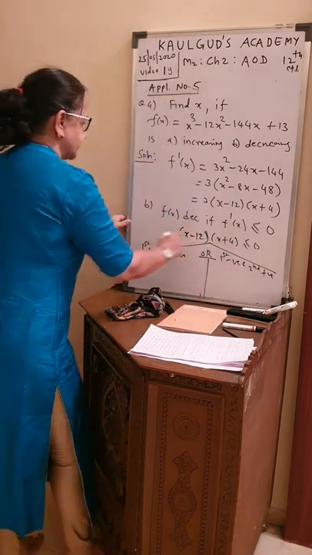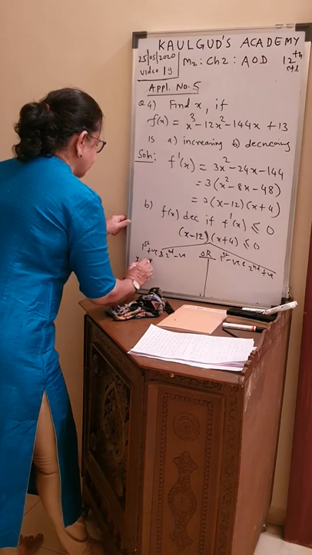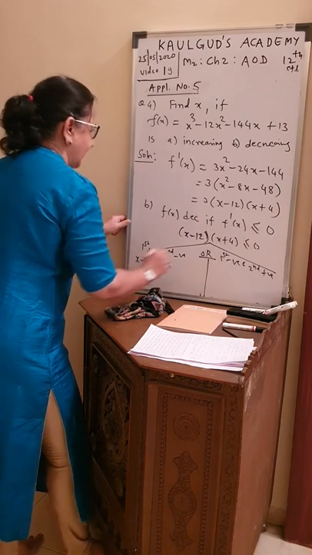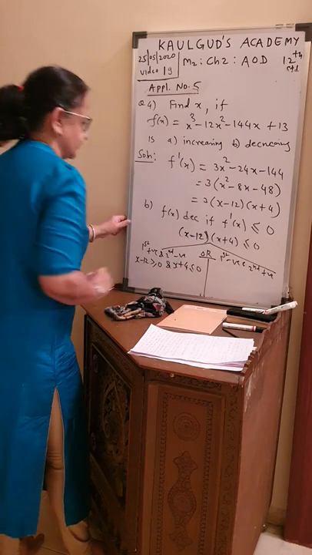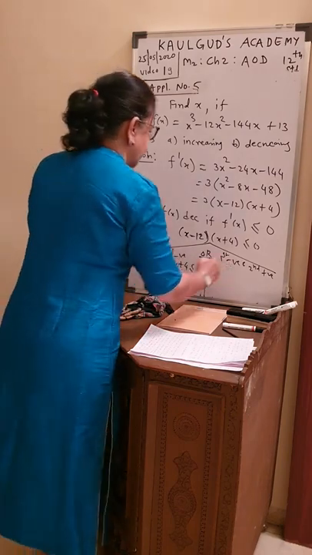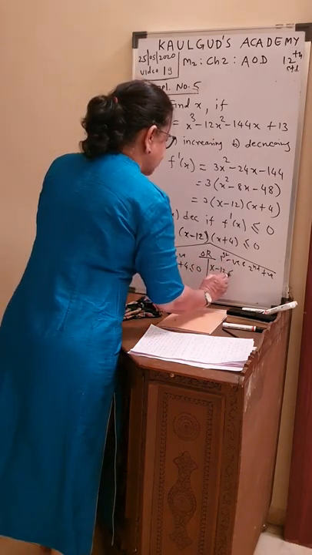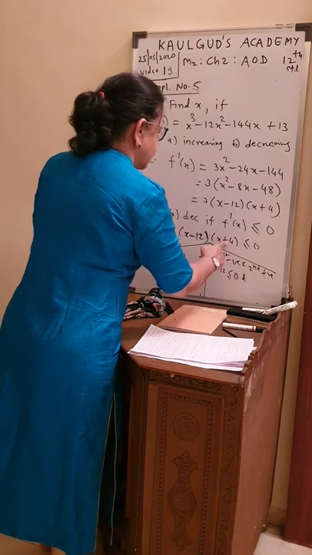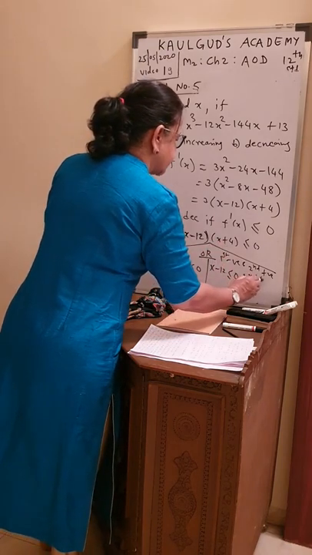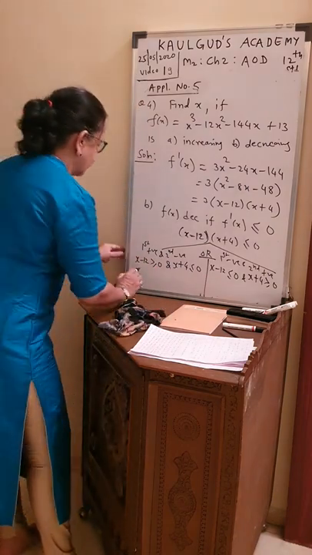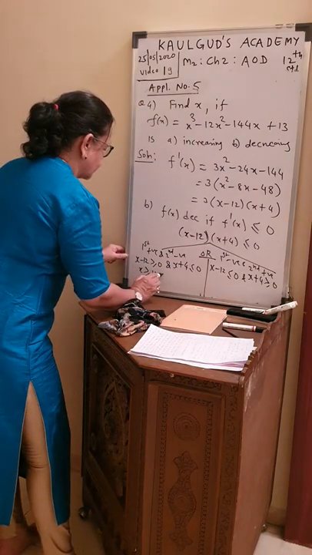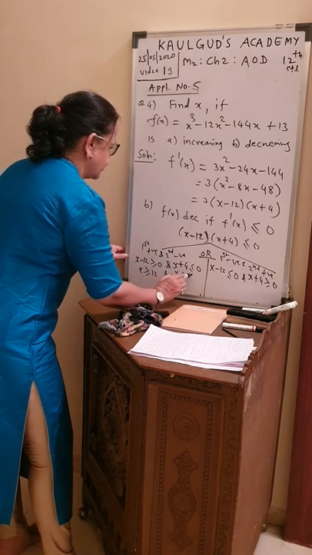Now here first positive. So x minus 12 greater than or equal to 0 and second negative, x plus 4 less than or equal to 0. Or first is negative, x minus 12 less than or equal to 0 and second is positive, x plus 4 greater than or equal to 0. So here 12 goes on that side, x greater than or equal to 12 and x less than or equal to minus 4.